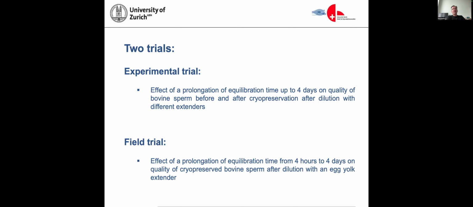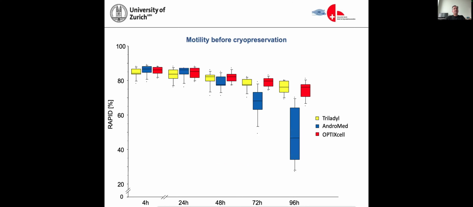And in the field trials on the AI station, we looked at the effect of the increase of the equilibration time on the sperm quality. So motility, we also compared different extenders.